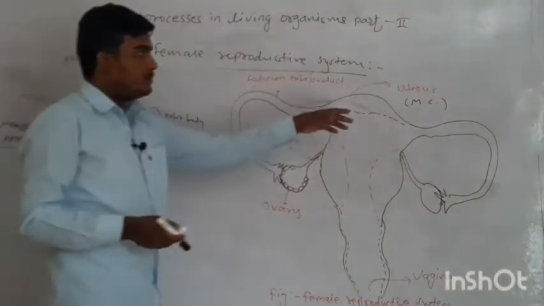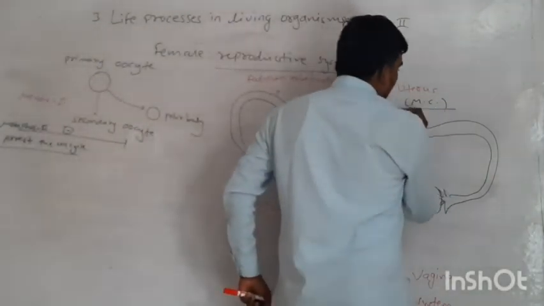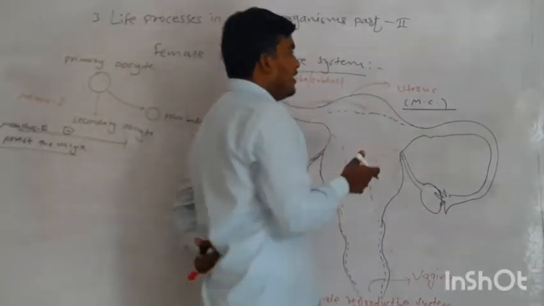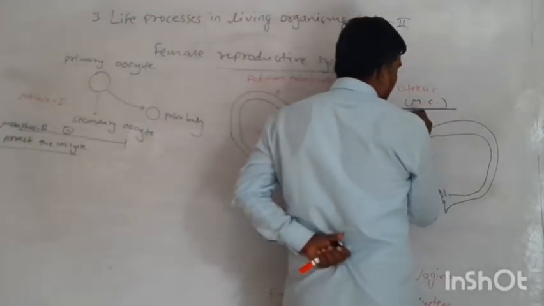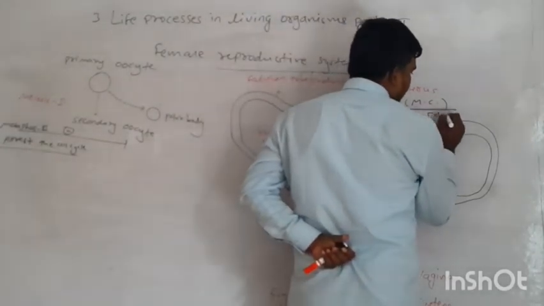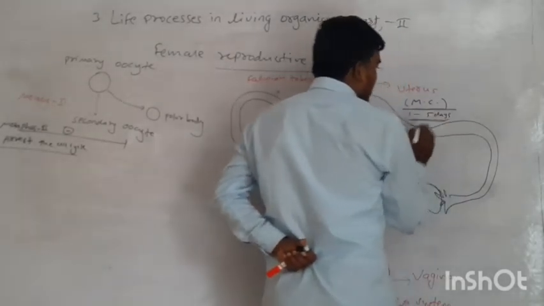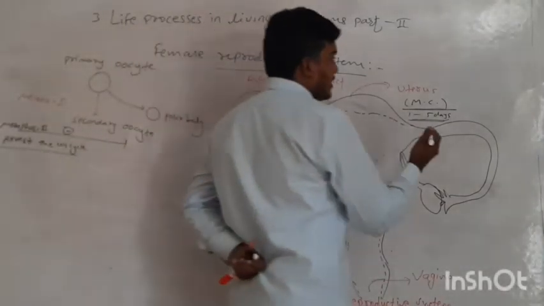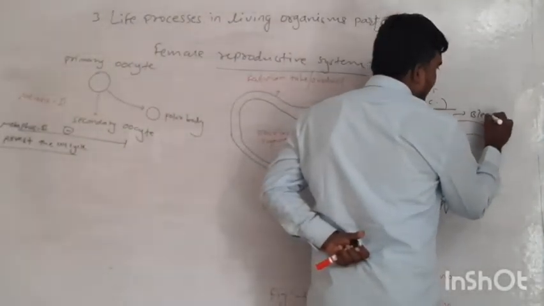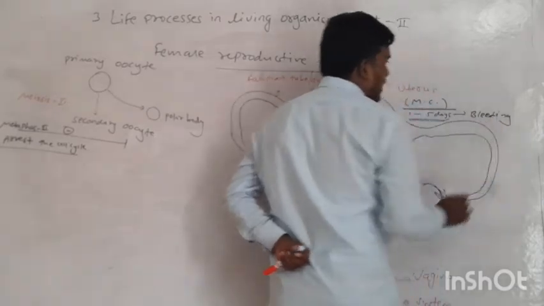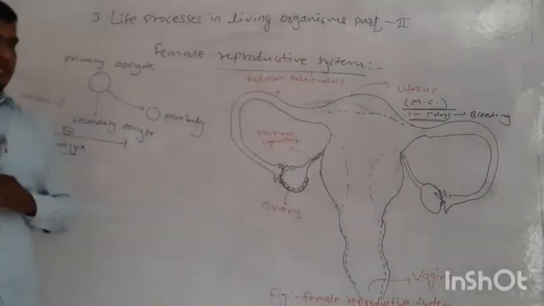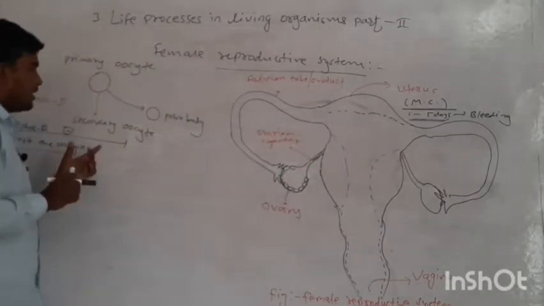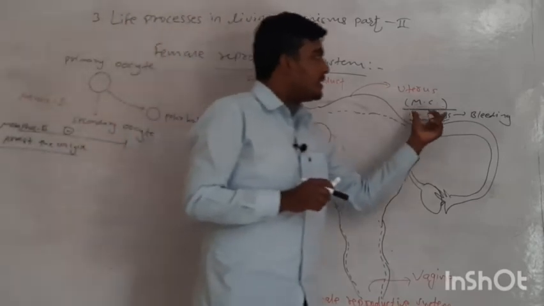This cycle occurs every month in every female for 1 to 5 days. For 1 to 5 days they discharge blood, right? The bleeding process occurs 1 to 5 days every month. These two processes, one is ovulation and the other is the menstrual cycle.